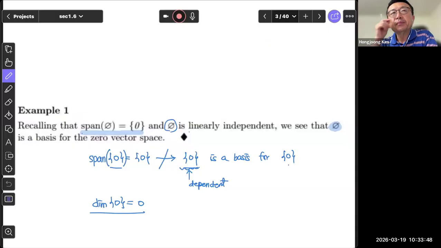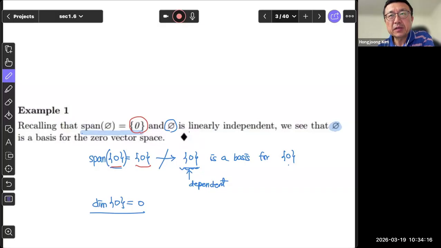So please remember that. In example one, the zero space is generated by an empty set. Even though, as I said, the zero vector generates the zero space, that does not mean the zero vector is a basis, because the zero vector is linearly dependent.